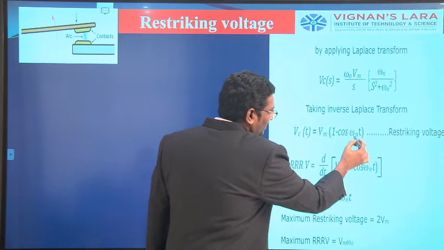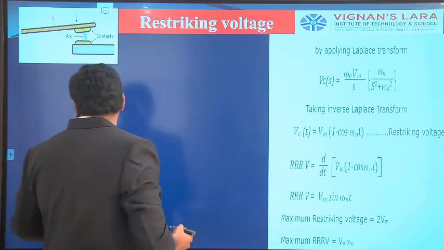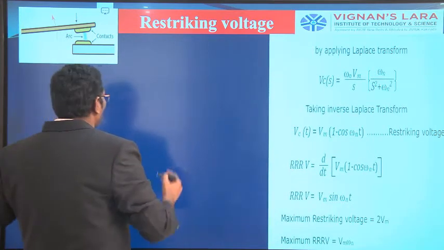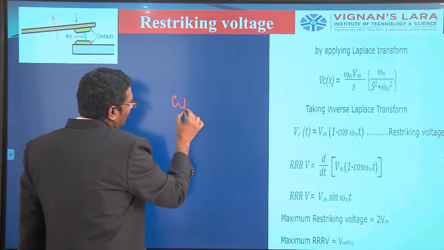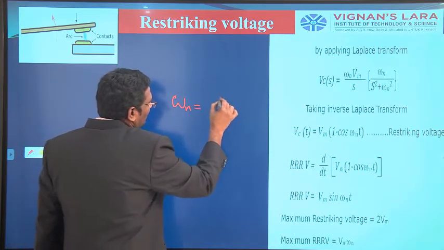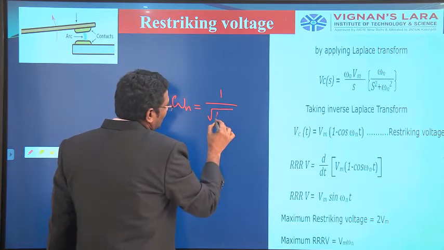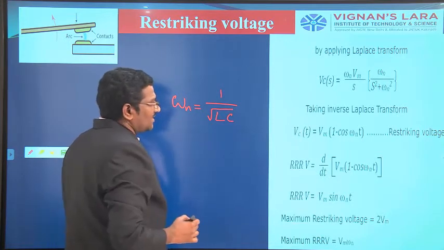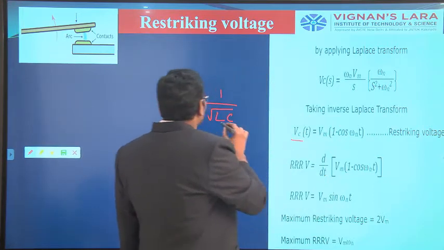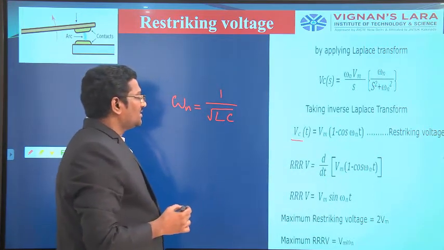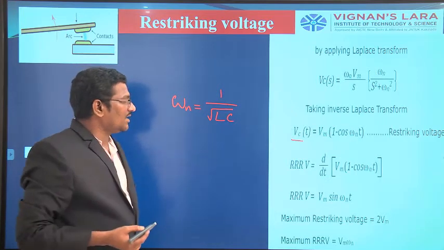Here omega n is nothing but 1 by square root LC. So the conclusion is the restriking voltage depends on the inductance and capacitance of the system up to the circuit breaker location.